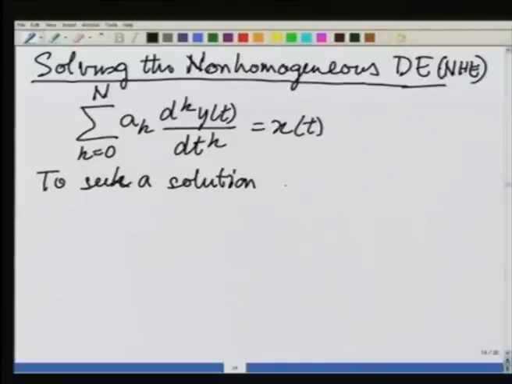To seek a solution for the NHE, we have to consider only very simple forms of x t.